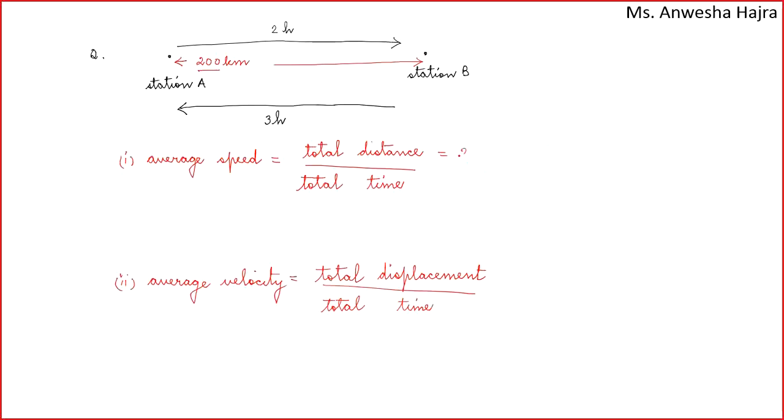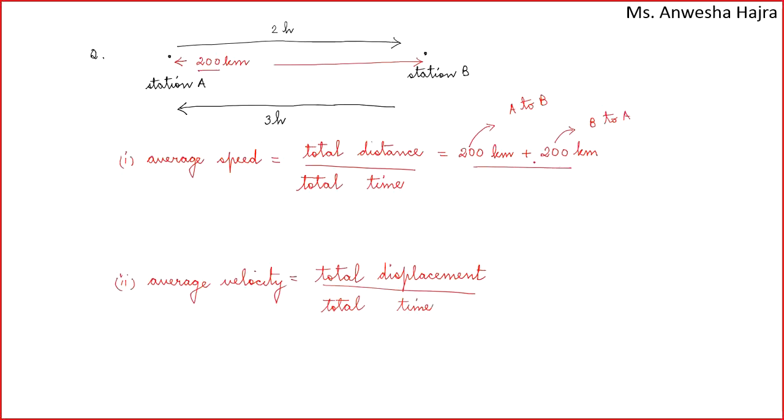So my total distance will be 200 kilometers plus 200 kilometers: 200 kilometers while going from A to B, and 200 kilometers coming back from B to A.